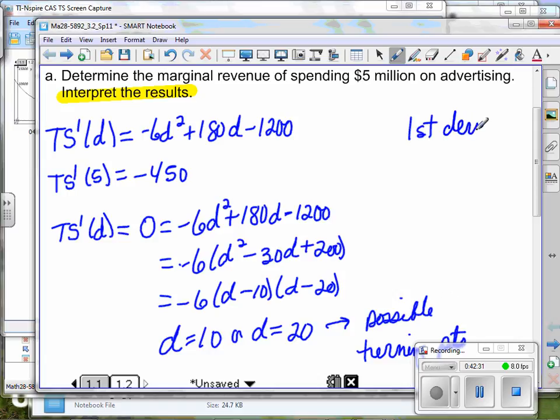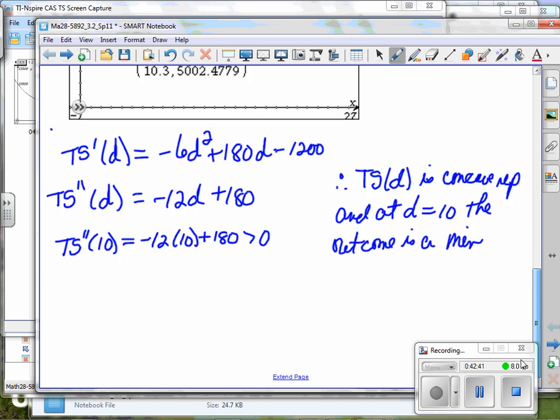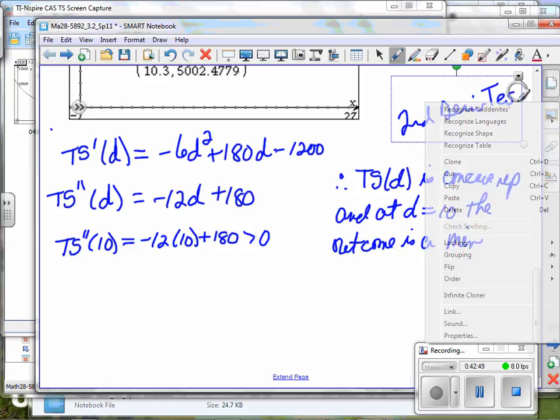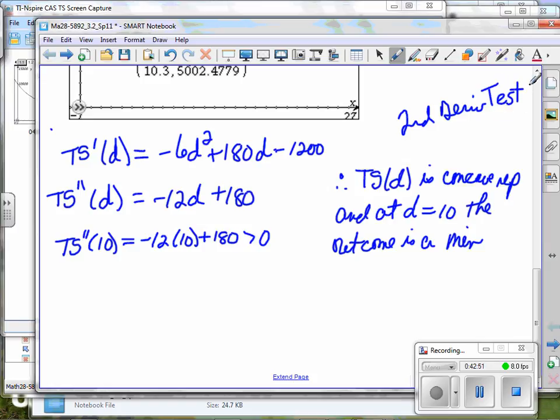This is what you read about and watched in section 3.2. What we're looking at down here is known as the second derivative test, because we're using the second derivative to evaluate and determine some things about the original function.